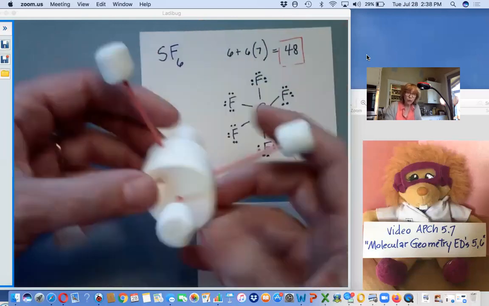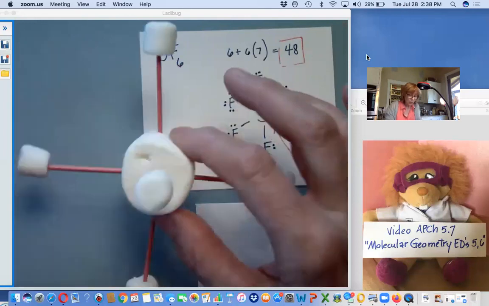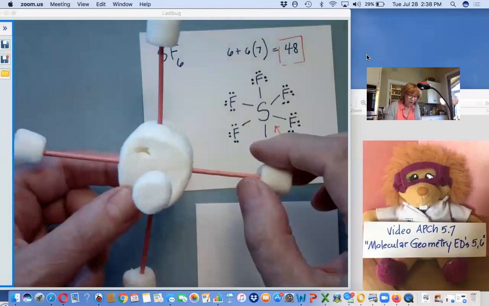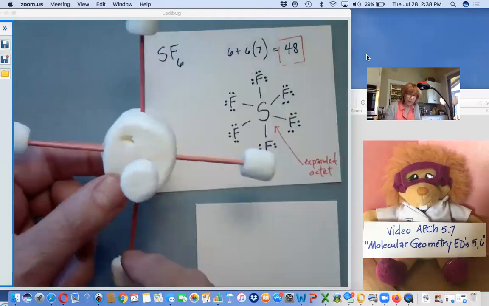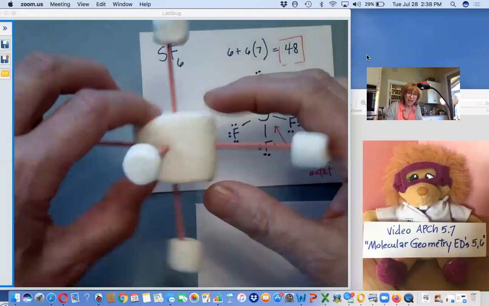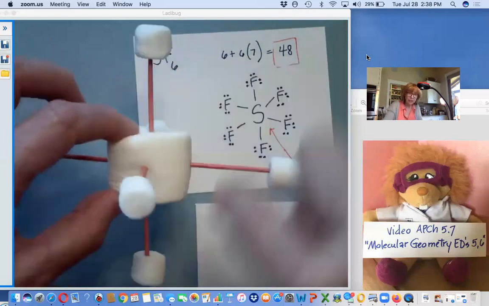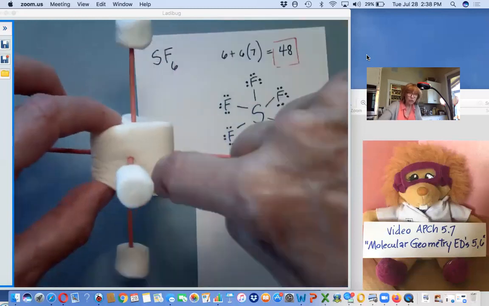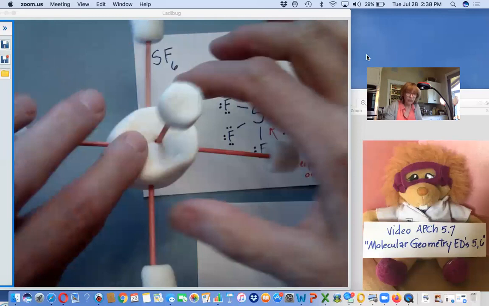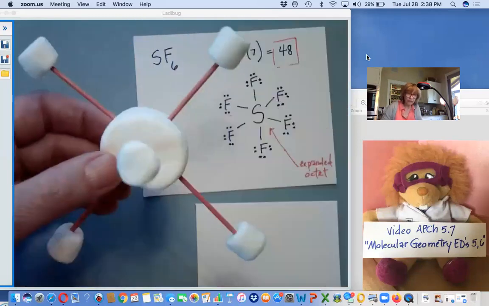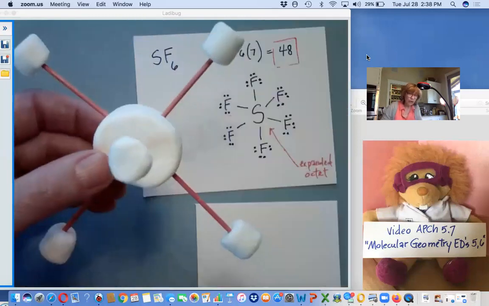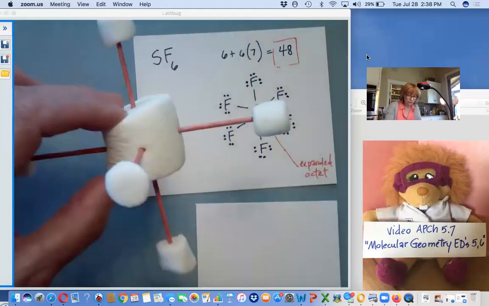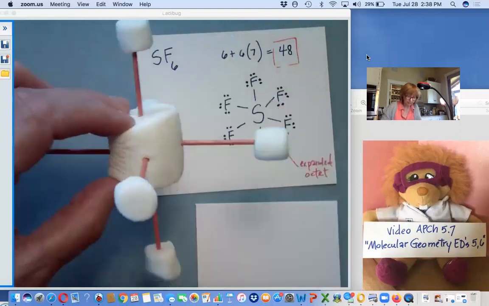On the equatorial plane, we're going to have 4 electron domains, all at 90 degrees separation. And then we're also going to have an axis with 180 degrees and 90 degrees from each to the equator. Okay, so 6 toothpicks, 6 electron domains, 4 evenly spaced on the equator, and then 2 along the axis.